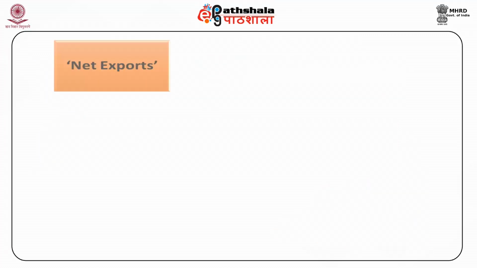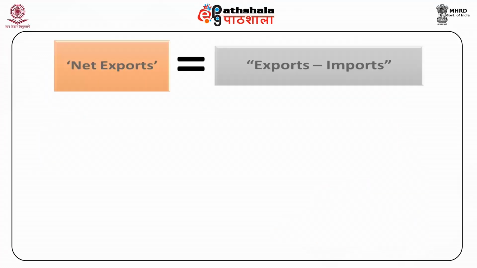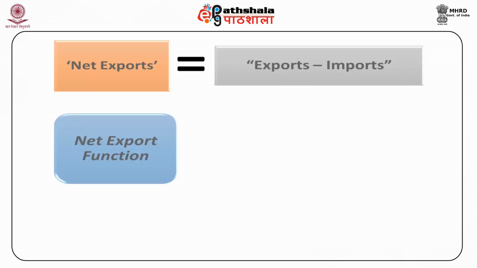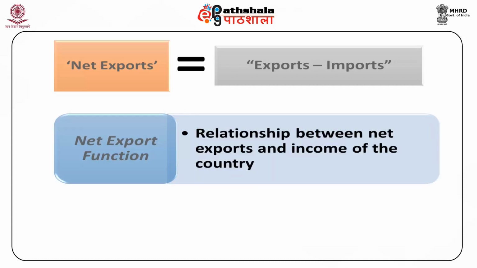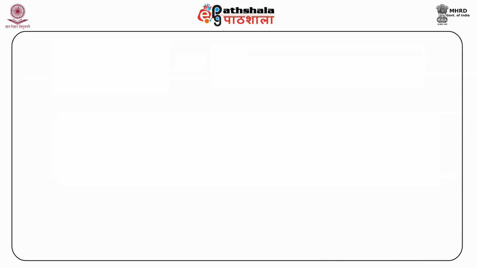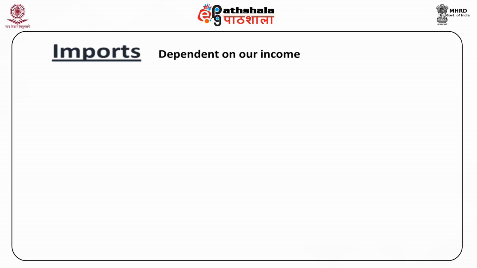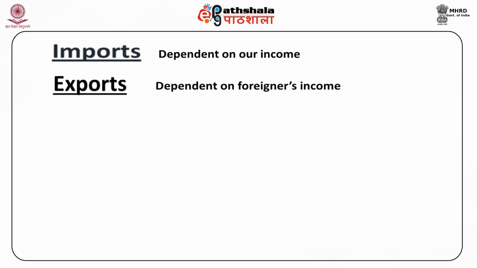Net exports can be measured as exports minus imports. The net export function represents the relationship between net exports and income of the country. Our imports are dependent on our income, but exports are dependent on foreigners' income.